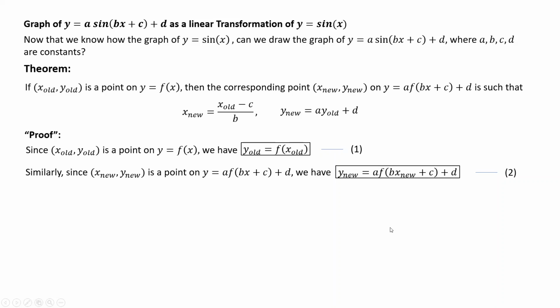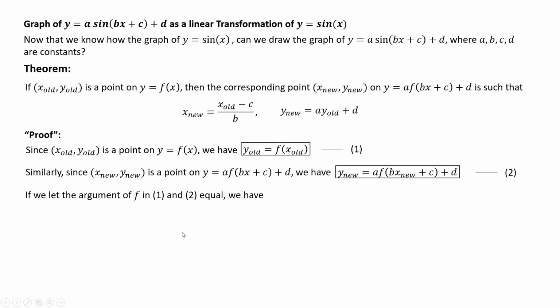Keeping that in mind, we'll say, aha, I'm going to force the argument in both cases to be equal. So I'm going to make x old equal to b x new plus c. That's what we are going to do.